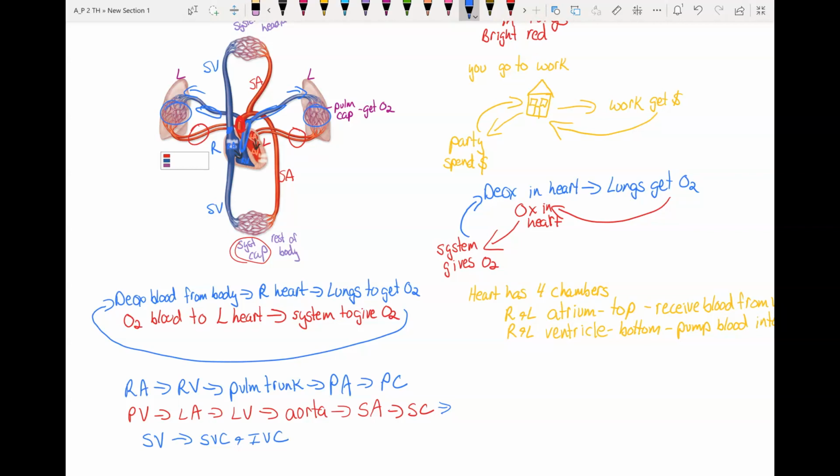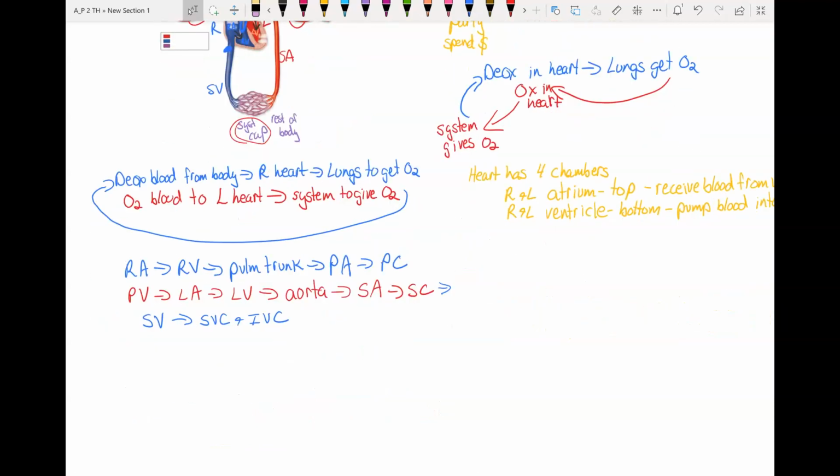Anything from below your heart is coming here to the inferior vena cava. And those 2 vessels are what put the blood into your right atrium. So there's your path. We can divide this path into 2 circuits. You have a pulmonary circuit and a systemic circuit.